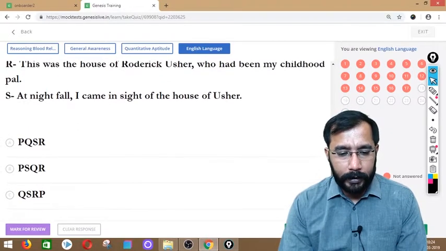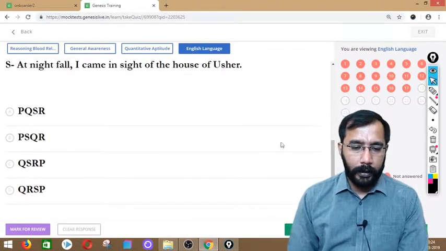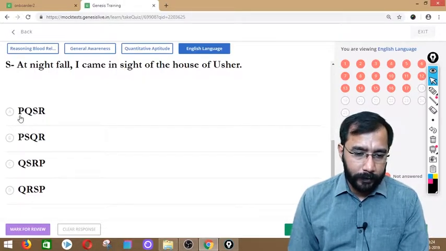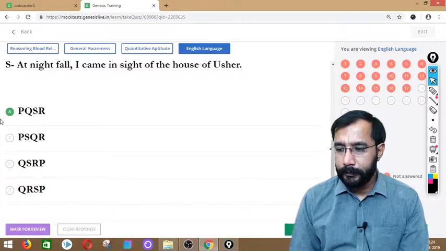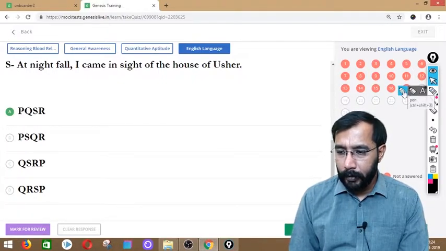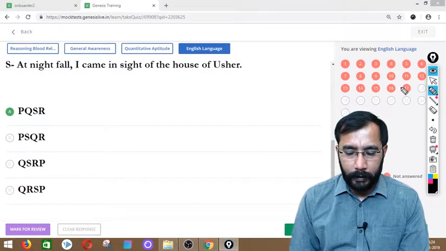So let's look at the given options. There are two kinds of options. Two start with the letter P, and two start with the letter Q. All right. So let's look at that for instance and see how that works out.